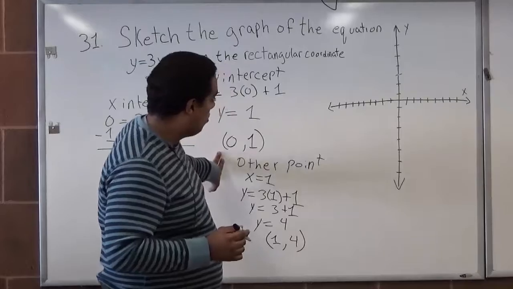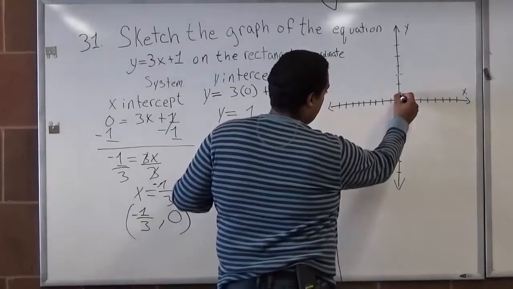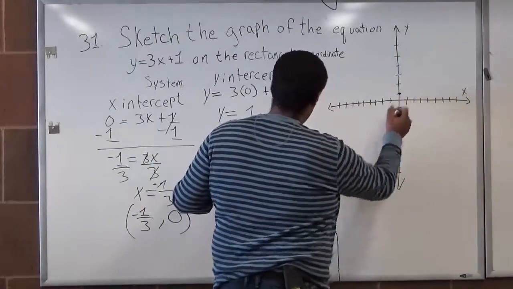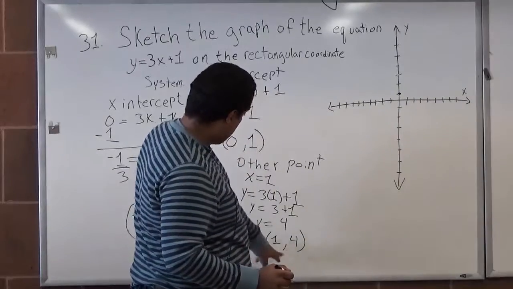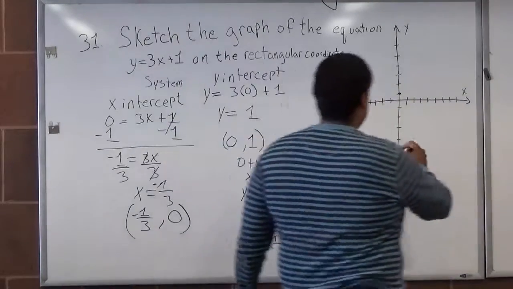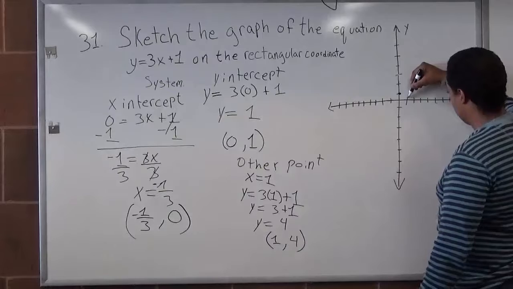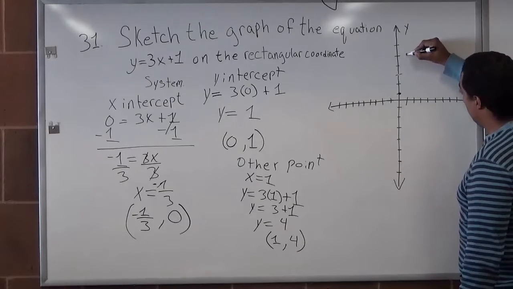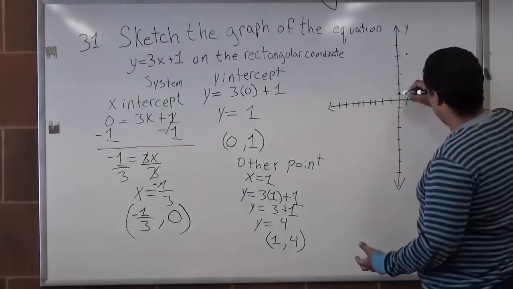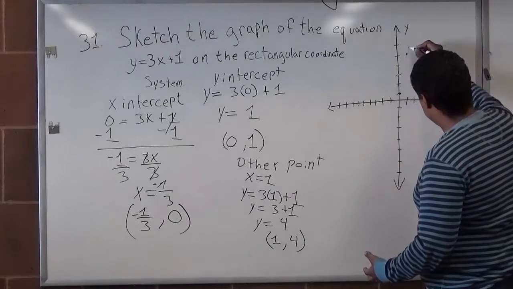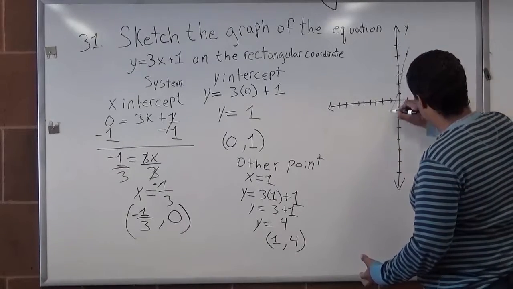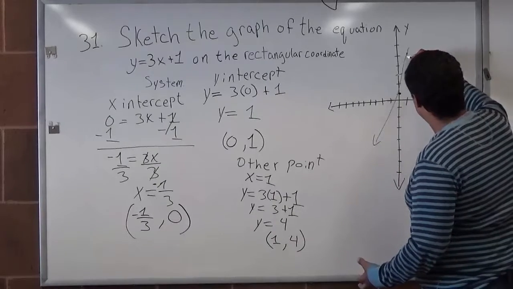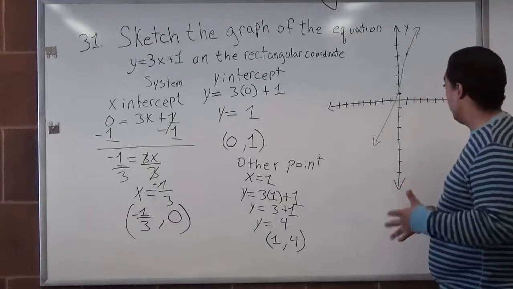So we have our 0, 1, which would be here, and 1, comma 4, which would be here. We go over 1, we go up 4, 1, 2, 3, 4. And that would be our line here. It's a steep one. So our line would look something like this.